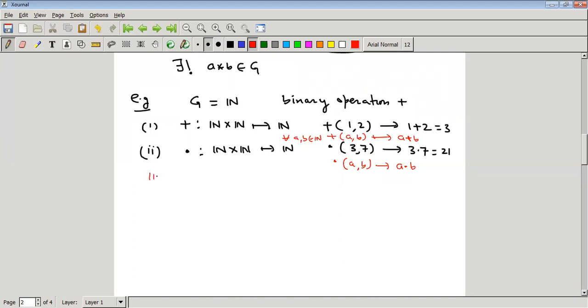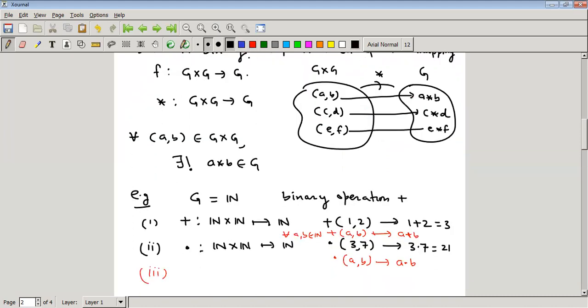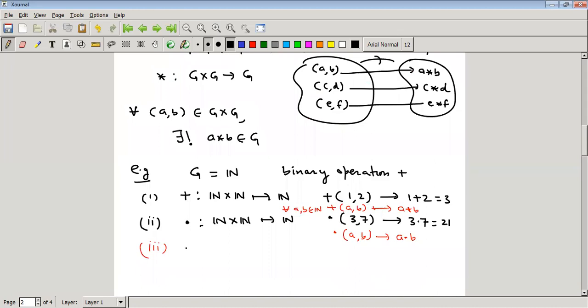Now a question to all of you, think about this. Is subtraction from N cross N to N a binary composition?